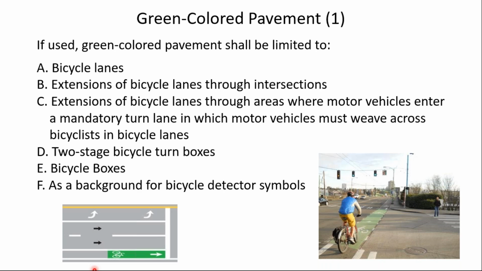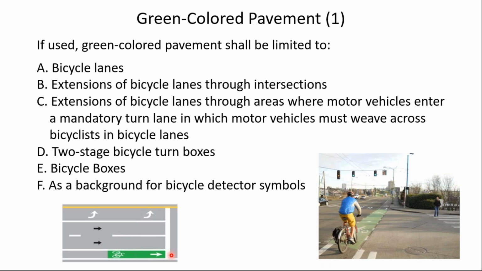Many agencies do, for example, what you see on the lower left image here, which I believe I cut from the MUTCD, but notice they've just made green the portion where bikes will kind of be stopping at the intersection, at the stop line, like motor vehicles, probably to let the motor vehicle operators here in the right lane that might be turning right know that this is the bicycle facility, kind of a reminder.